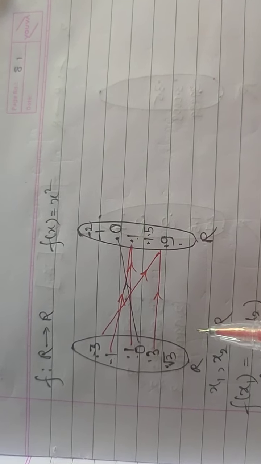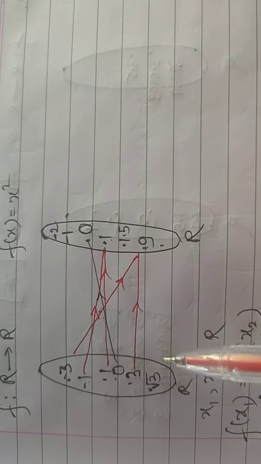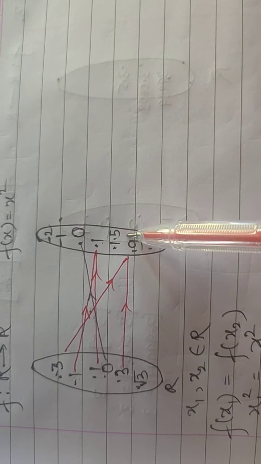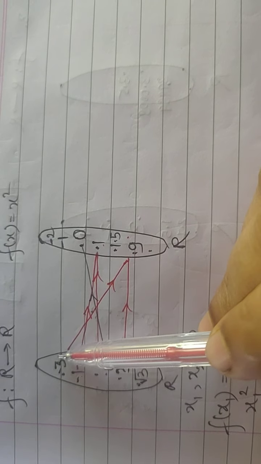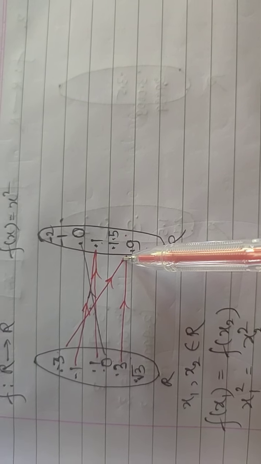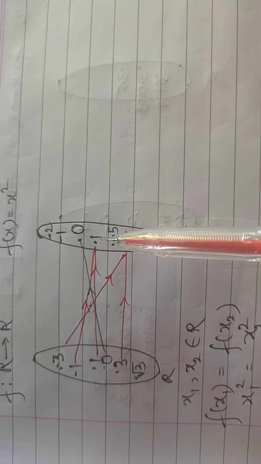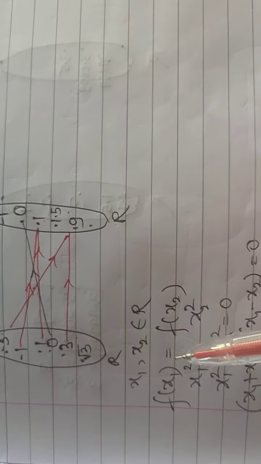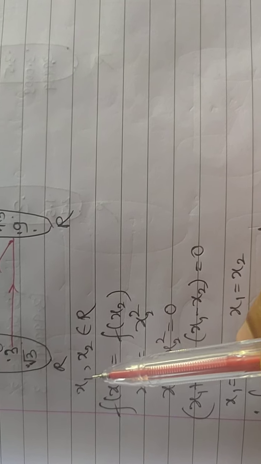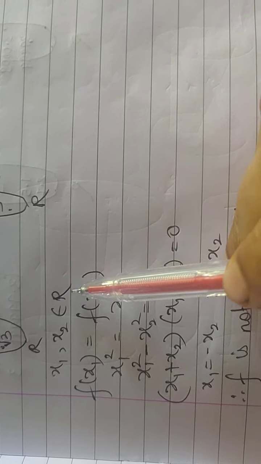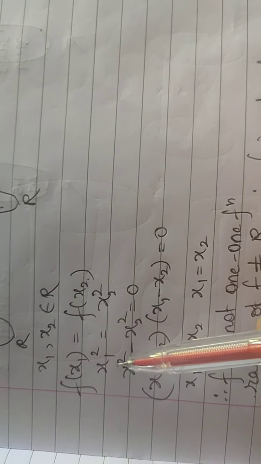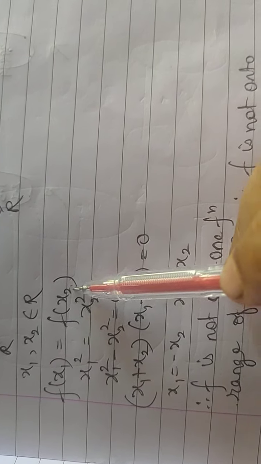Now which type of function is it? It is a many-one function. So this function is many-one, not 1-1. Theoretically also we can prove it. Consider x1, x2 belonging to R. f of x1 equals f of x2, so x1 square equals x2 square.